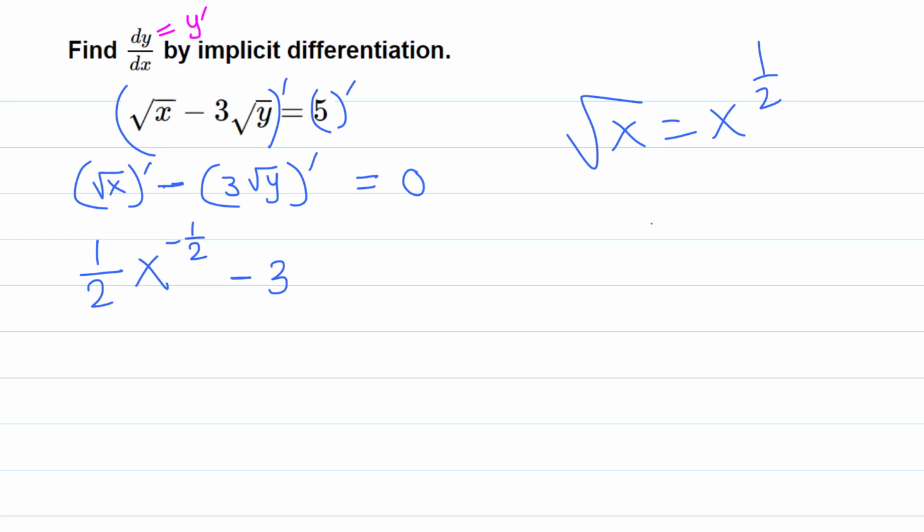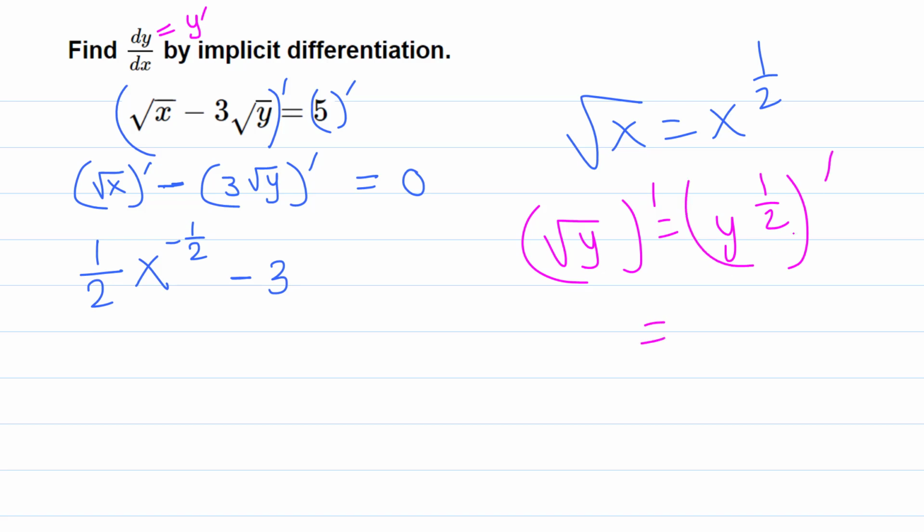Now the derivative of root y is slightly different than what we had. The derivative of root y means y raised to 1/2. Power rule, so 1/2 y to the 1/2 minus 1, negative 1/2. But we are finding the derivative with respect to x, and this is variable y, so we need to multiply by y prime.